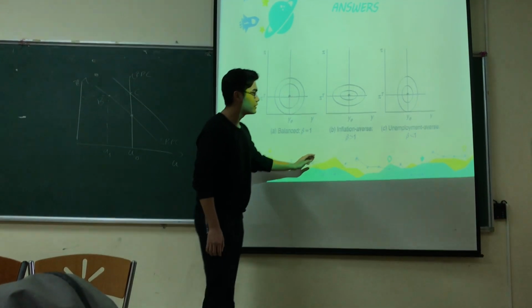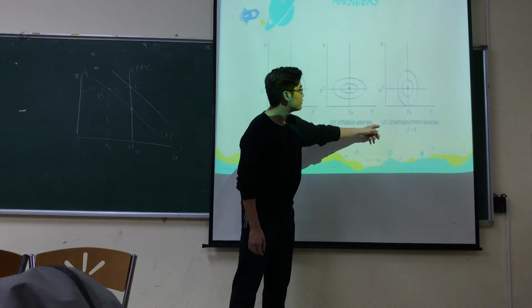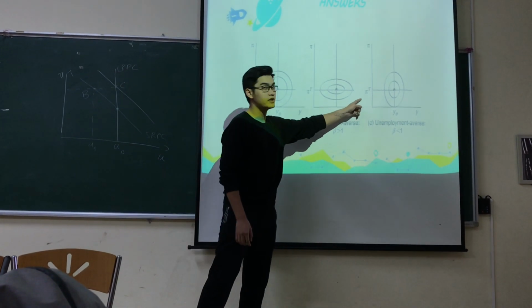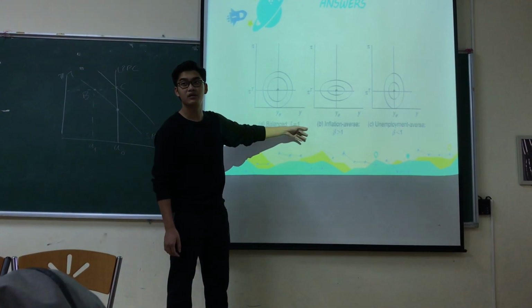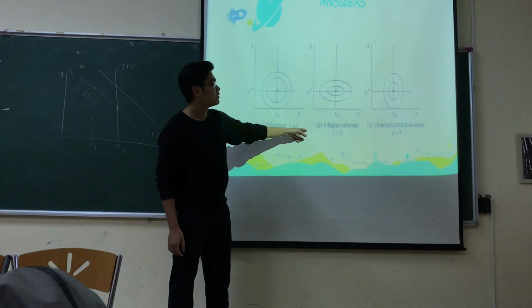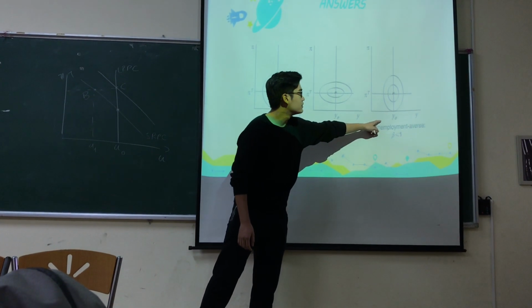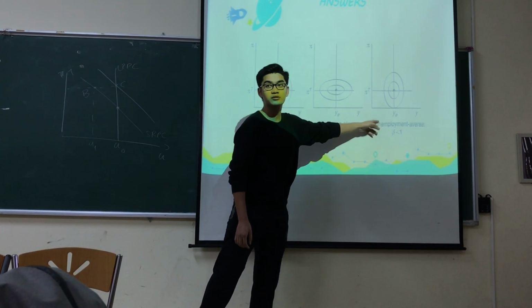And in the final case, the central bank should make the inflation target smaller by a specific number, and also the output equilibrium is smaller too.